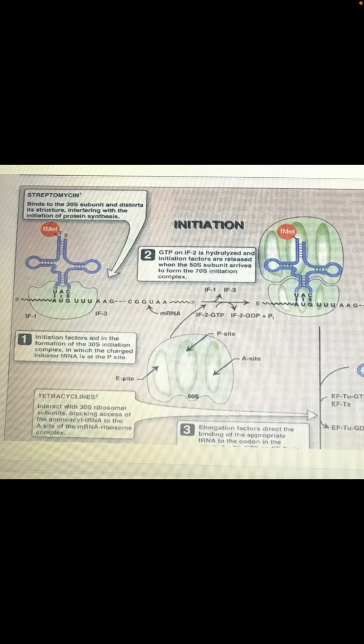So no incoming aminoacyl transfer RNA will be coming and attach at the A site, and no amino acid is going to be added to the growing polypeptide chain. So no protein synthesis could be accomplished.